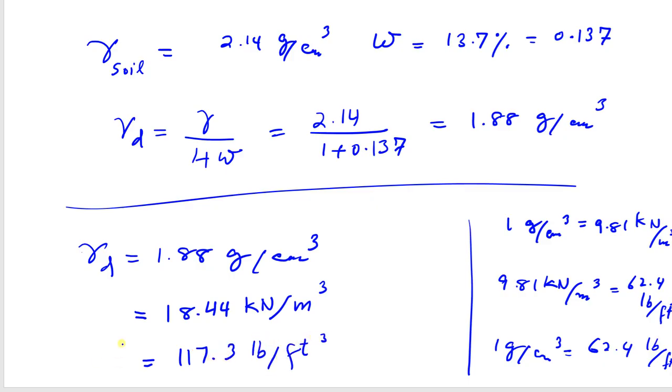So whatever unit is required, we can convert it. This is how we get the data from the field and find out gamma D of the field. This comes from the field density test. This is also called in situ test, or we also call it sand cone test or sand replacement test.